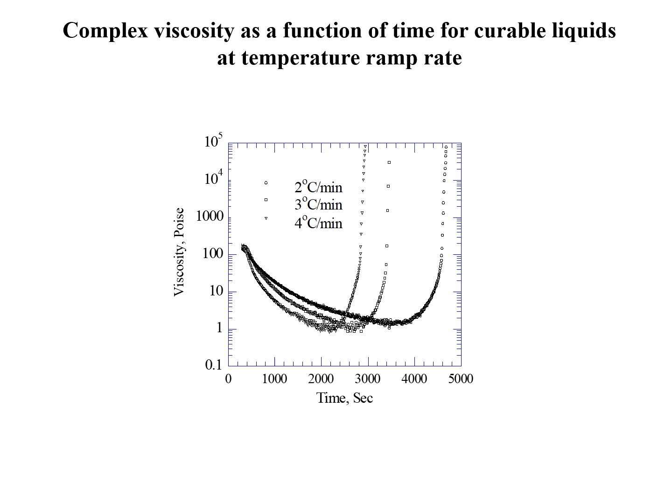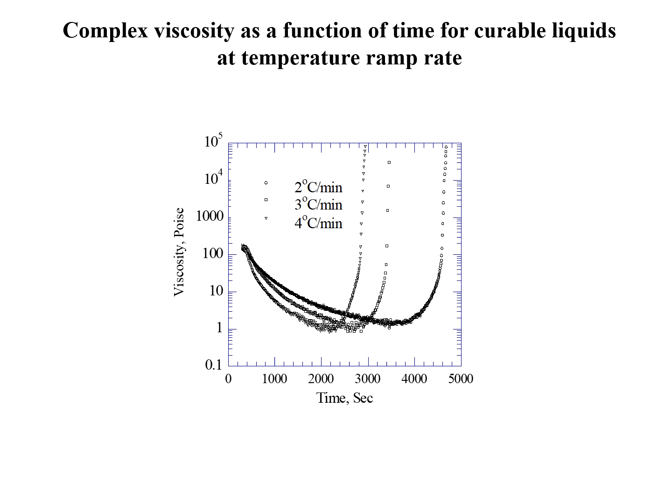Complex viscosity as a function of time for curable liquid at a temperature ramp rate. So this is a complex viscosity versus time. This figure shows the viscosity increase with time at 2, 3, and 4 degrees per minute ramping rate.